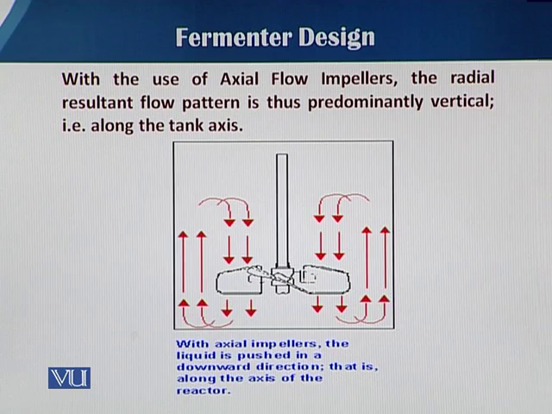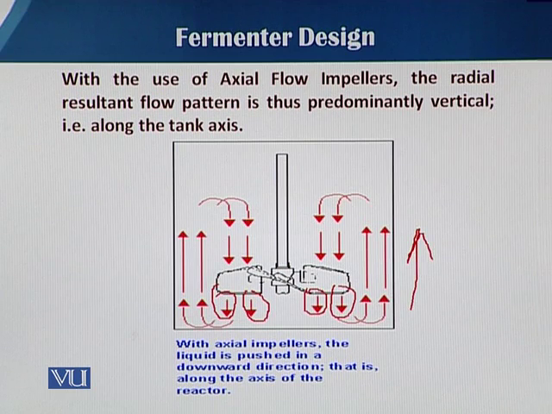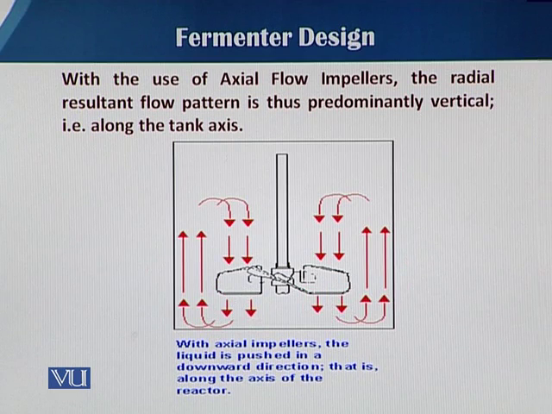You can see easily that the media is pushed down, and then with the force it tends to go upward. So there is a gradual cyclone-type movement of the medium inside the fermenter. This slide shows how the axial flow impeller works.